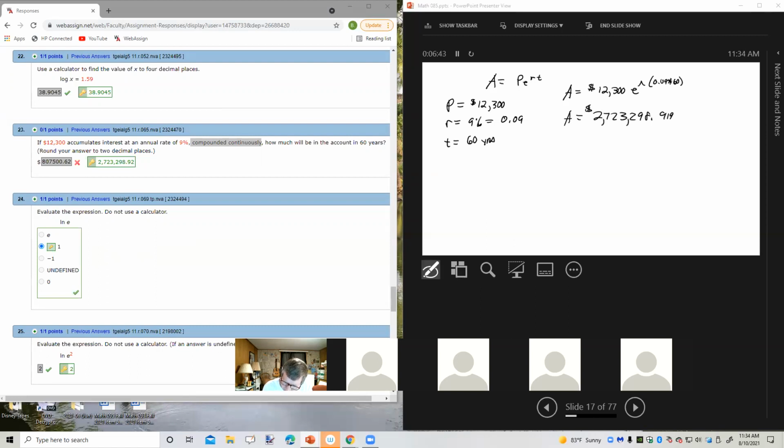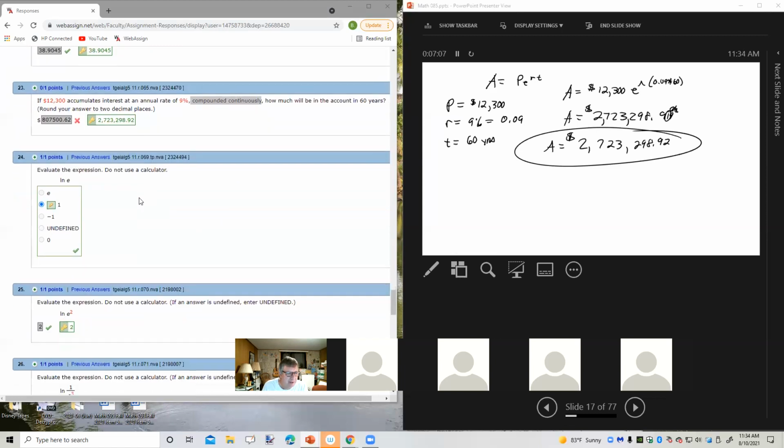And that's dollars, so we'll round to the nearest cents. So the 9 is going to round up. We're going to get $2,723,298.92. Okay with that one? Yes, I used the wrong formula. Yeah, be careful with that.